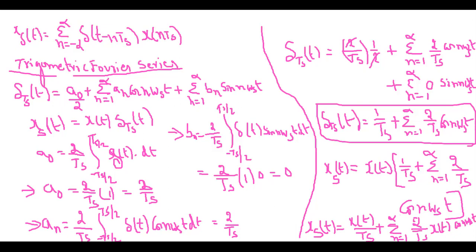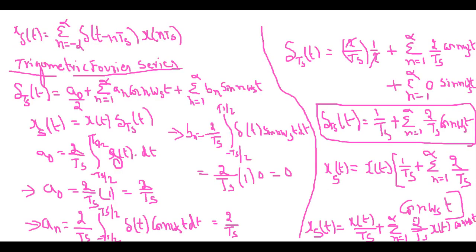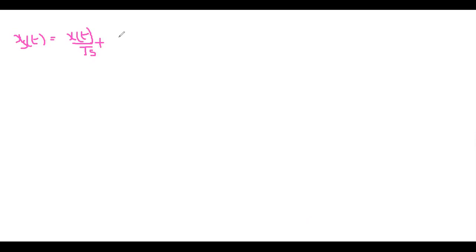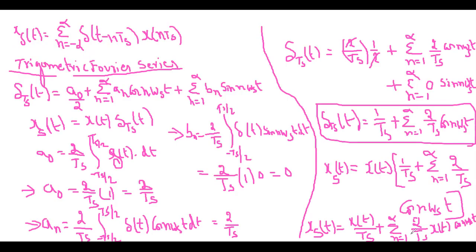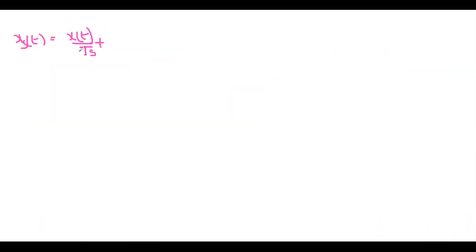Now expand this function. xs of t is equal to x of t by ts as the first term plus 2 by ts, my dear students, it's not x of ts, okay. Plus, expanding the function at n is equal to 1. Here see, when n is equal to 1, we write 2 by ts x of t cos omega s into t.